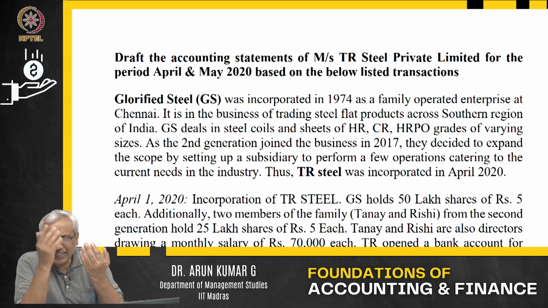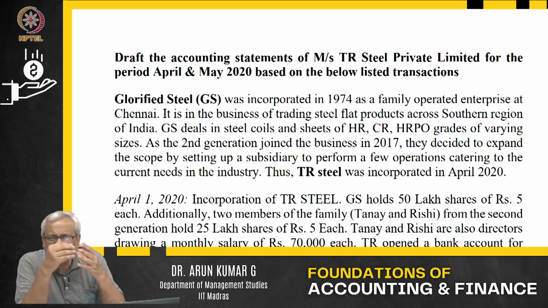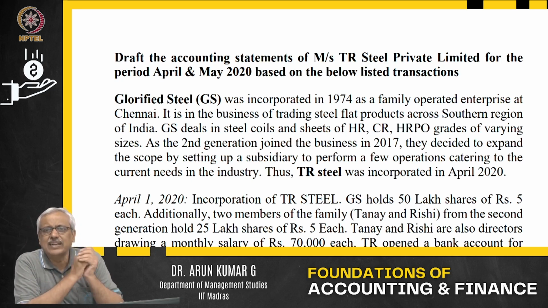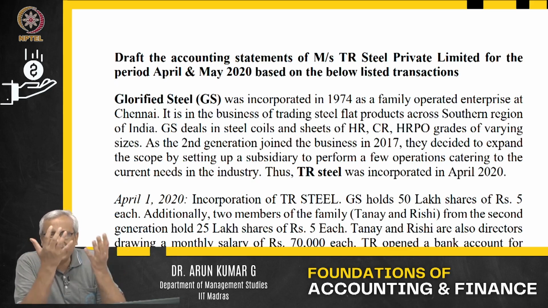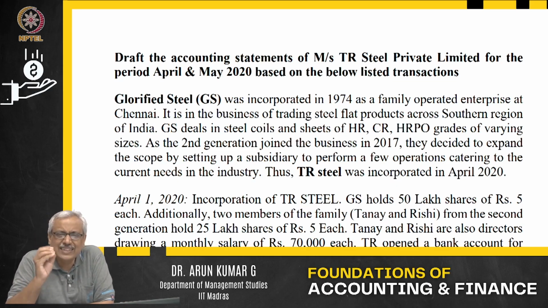Of course, as I had indicated in the first class, we record in a journal, then take it to a ledger, then take it to a P&L and a balance sheet, but we will directly take it to the balance sheet and the P&L and the income statement, so that we understand how every transaction will impact the balance sheet and the income statement. Our purpose is to understand how every transaction is going to impact the balance sheet or the income statement.